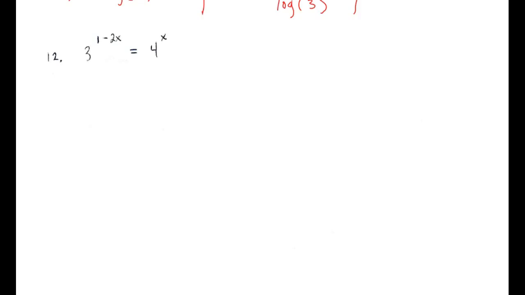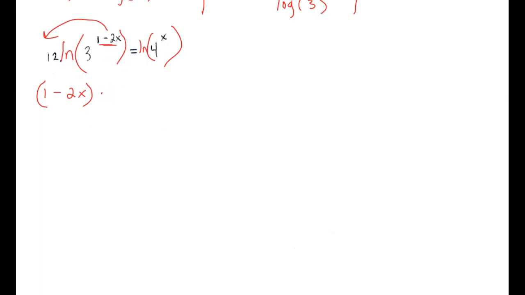And so what I'm going to do is take the natural logarithm of both sides, which means I will do ln of all this equals ln of all that. And by doing that, whatever is in the exponent, I am allowed to pull out. So this will be 1 minus 2x, all that times natural log of 3.